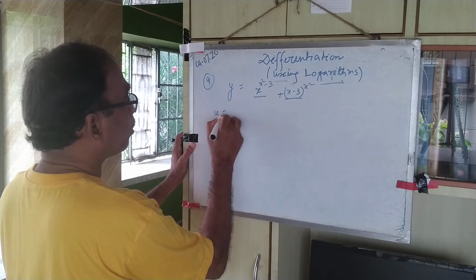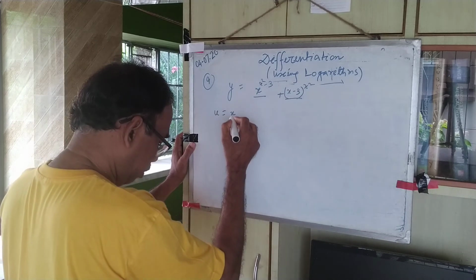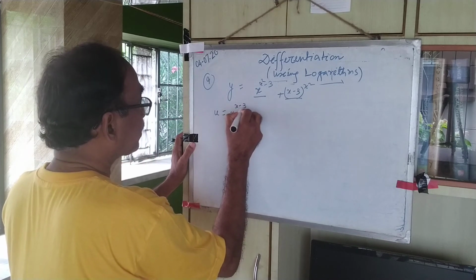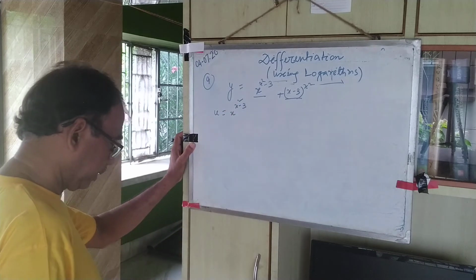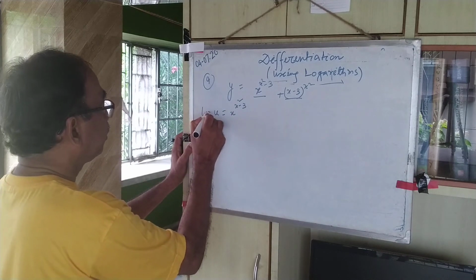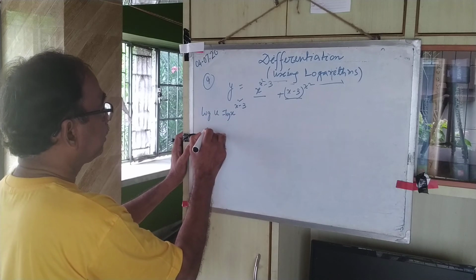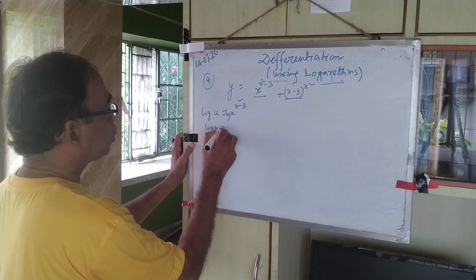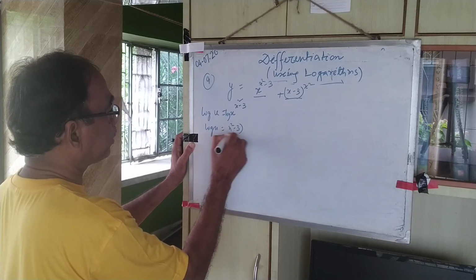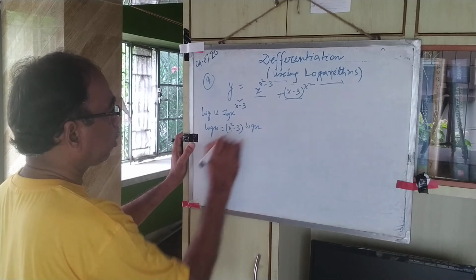Let u equal x to the power (x square minus 3). Taking log both sides, log u equals (x square minus 3) into log x.